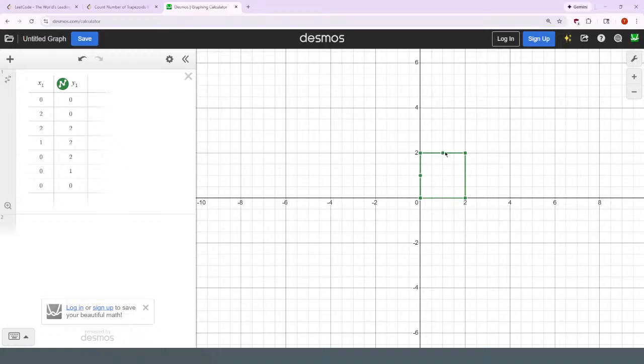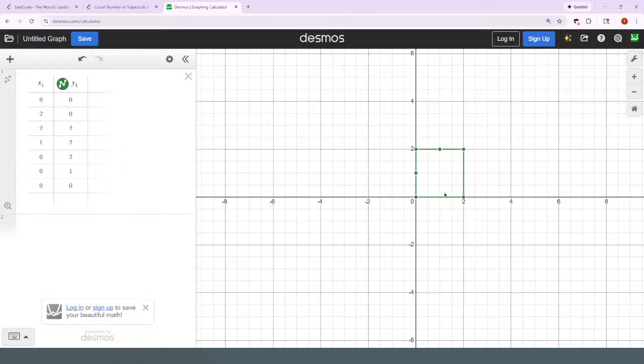And then it does the diagonals, 1 times 1. So how to not do that? I somehow track the points that are involved.